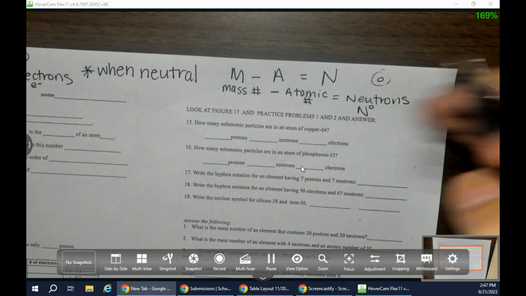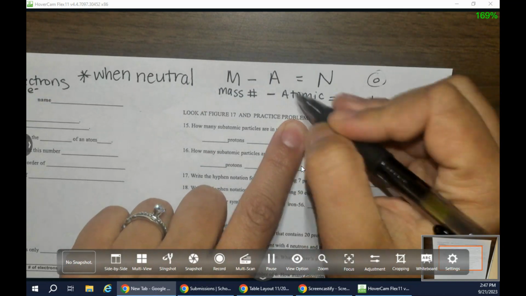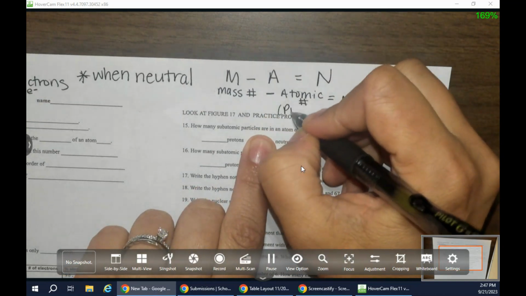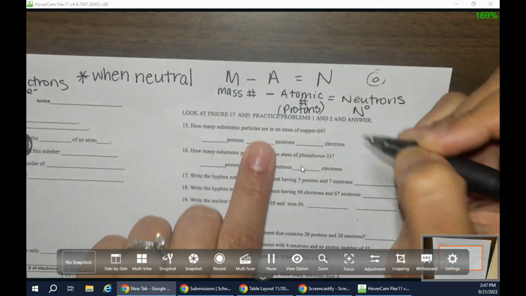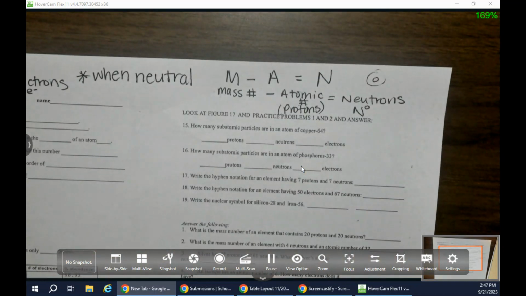Okay, so atomic number. Underneath it, I want you to write the word protons again, because what's going to be important is that whenever you see an atomic number, you know it's protons, and whenever you see protons, you know that's the atomic number. Those protons are so important. They never change. They're what define each and every element.